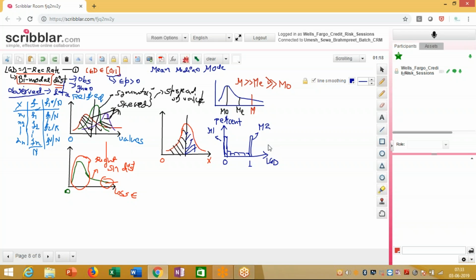Now in this case, it is not possible for me to develop any model using this distribution, and hence we need a transformation. To do the transformation, we need an understanding of the concept of theoretical distribution.